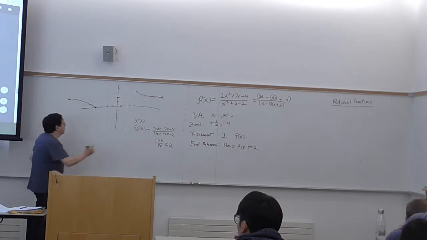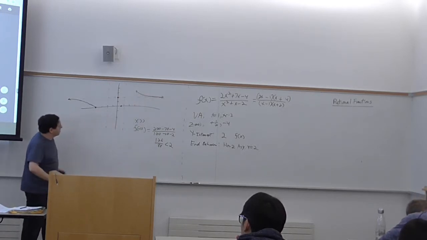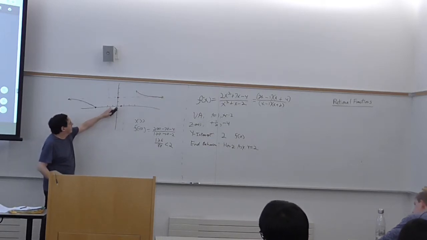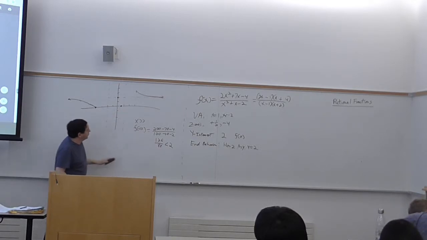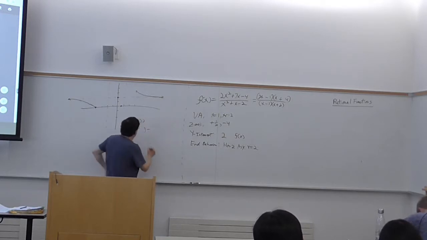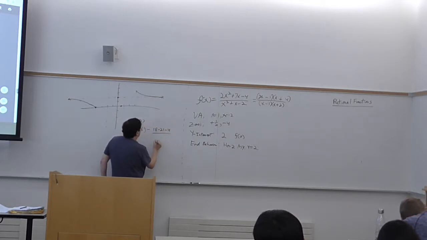Now we'd like to know what happens at these asymptotes. We could plug in a number on either side, right? We could plug in a number a little smaller than -2. So we could say, what happens at -3? So that's 18 minus 21 minus 4 over 9 minus 3 minus 2.